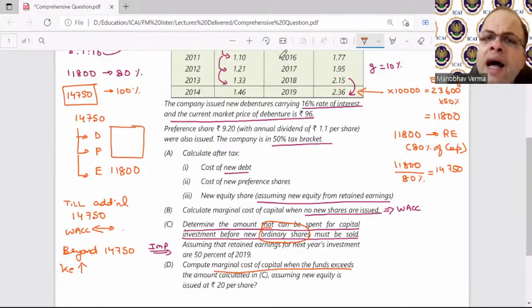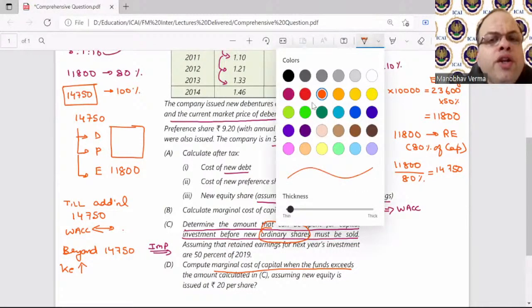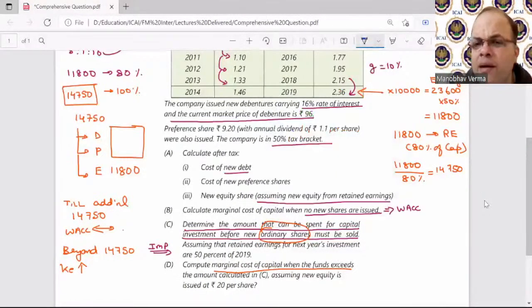Now, if I have to raise fresh capital beyond that point, I need to calculate the new cost of equity, isn't it? I have to calculate the new cost of equity, guys. So for question number D, what will be my new cost of equity?